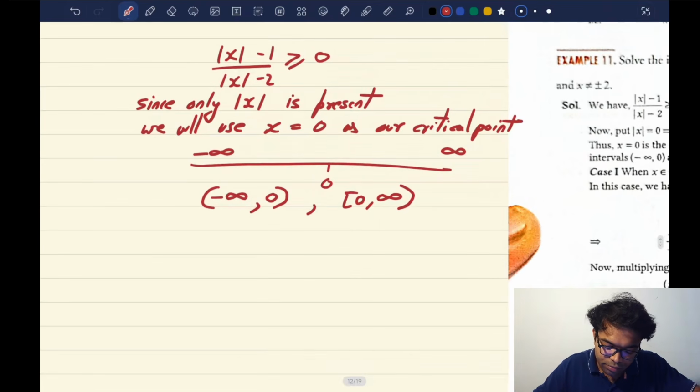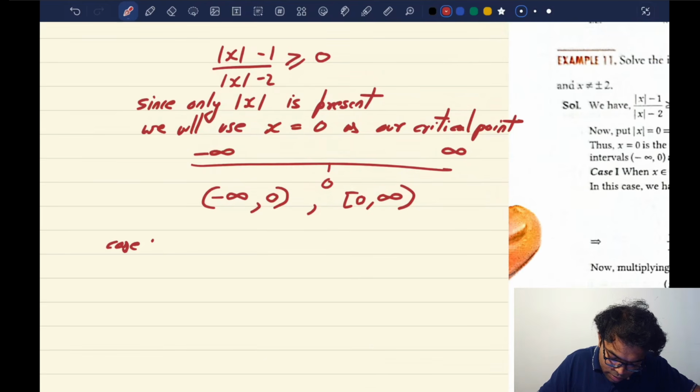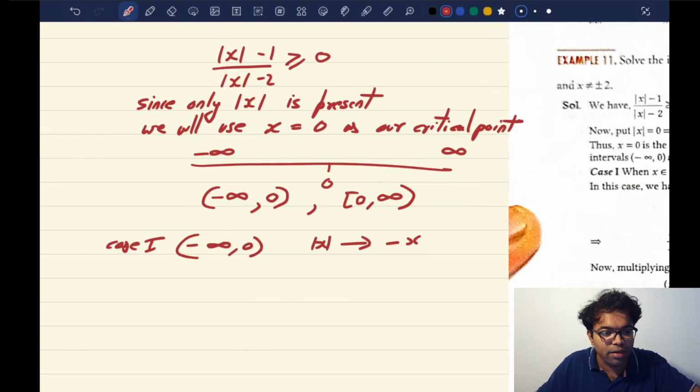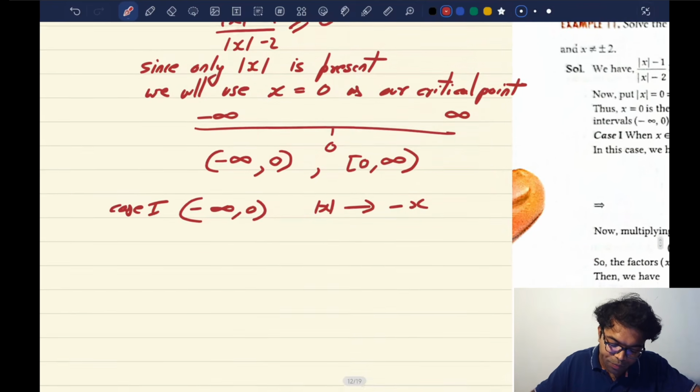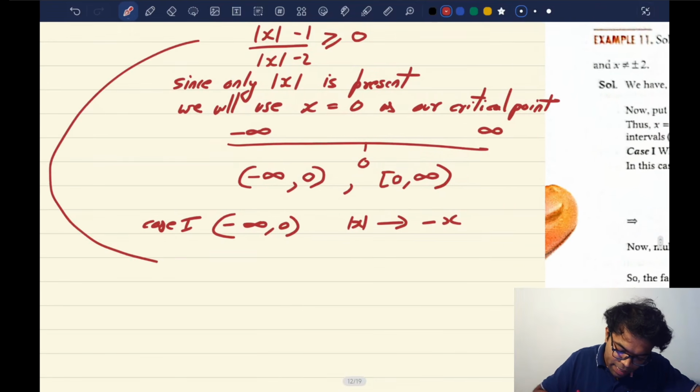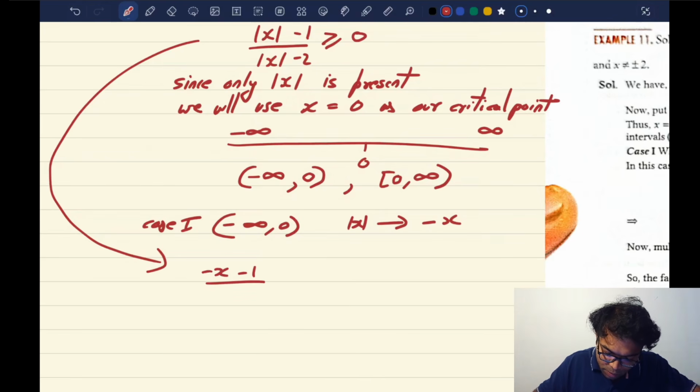Now for the first interval, case 1, minus infinity to 0, modulus of x will become what? Minus x, right? Modulus of x will become minus x. So I can write this equation as minus x minus 1 upon minus x minus 2 should be greater than or equal to 0.